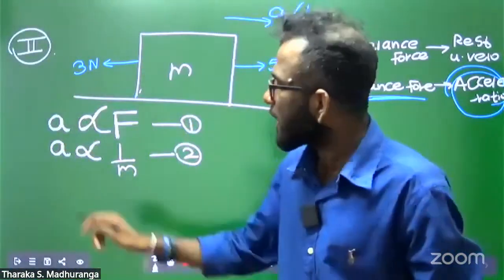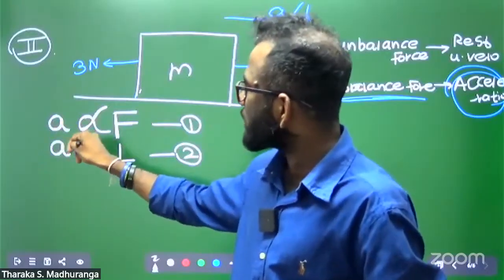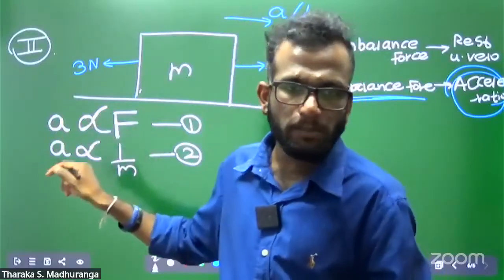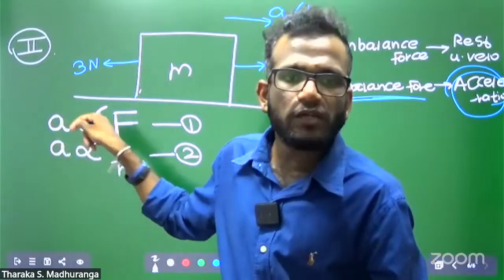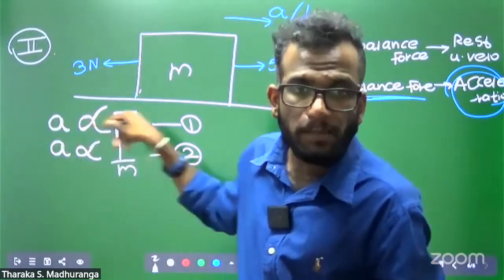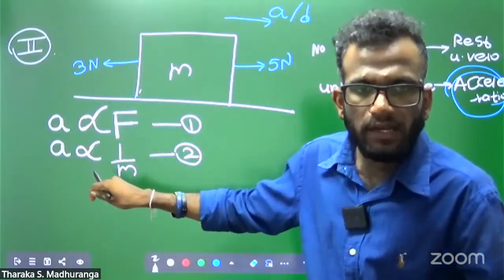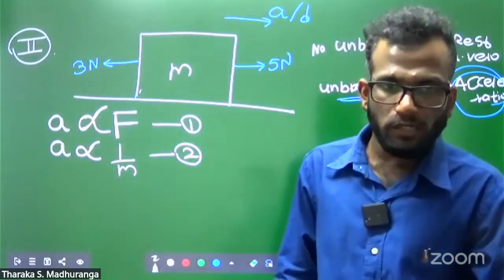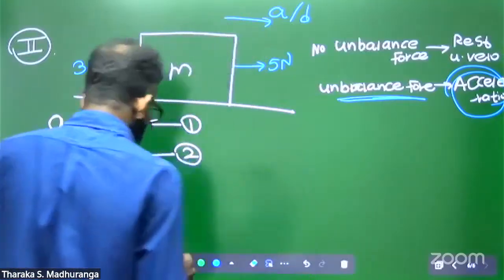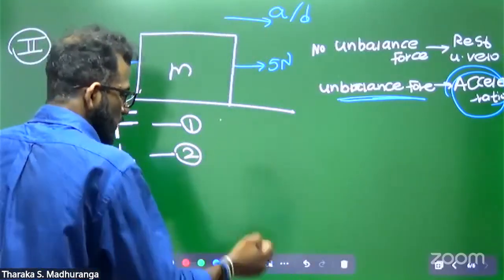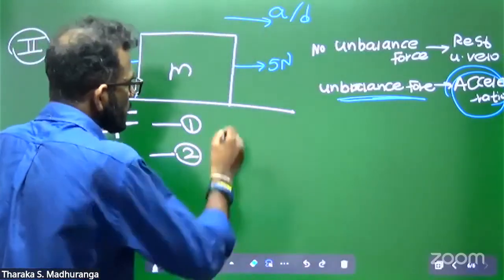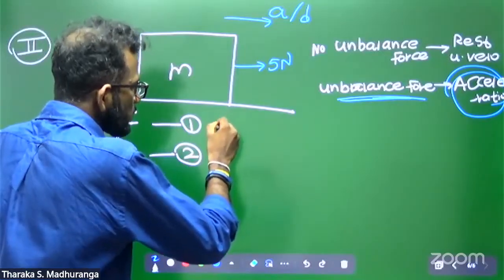This is the acceleration directly proportional to F. That's directly proportional. We write it like this. The acceleration is inversely proportional to the mass. Don't get complex, it's very simple.